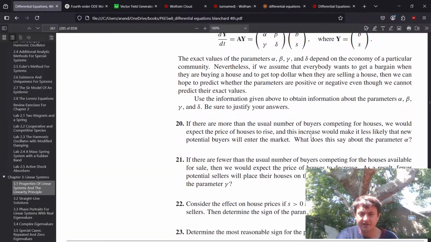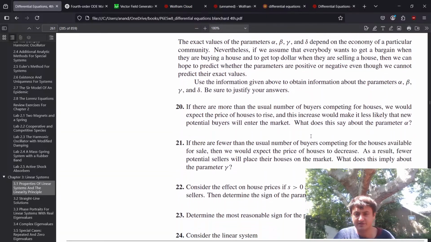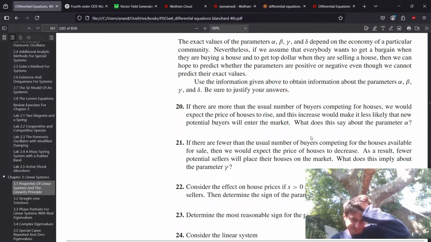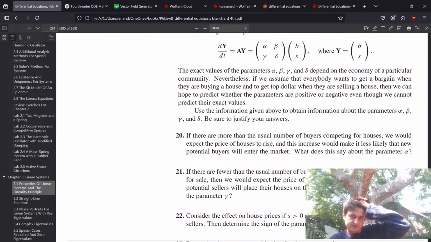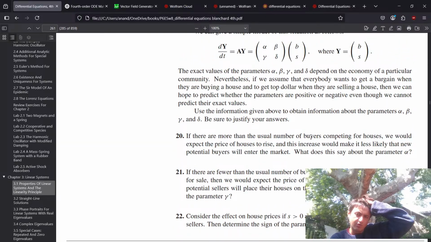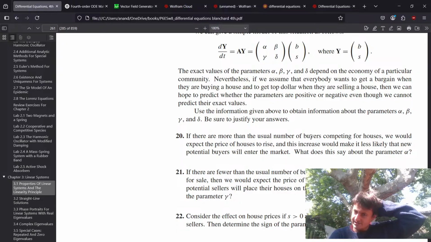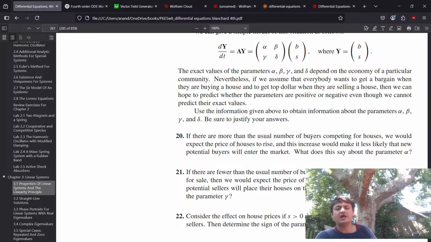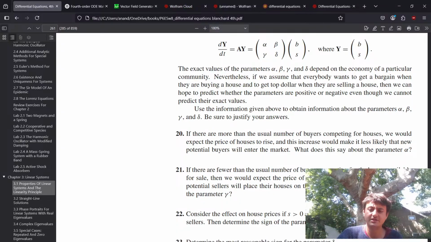Consider the effect on house prices if s is greater than 0. Okay, so if there are more sellers, then there's a race to compete for buyers.